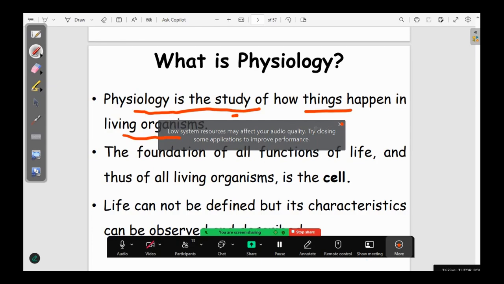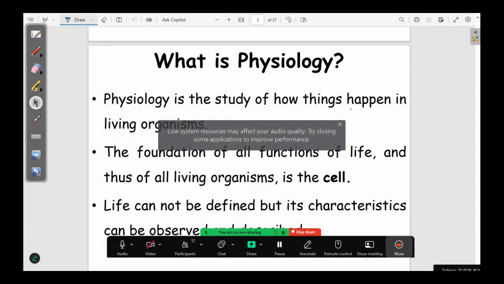For you to be able to talk, to see, to digest the food that you eat, how all that happens is what describes physiology. That's what we are going to look at today.